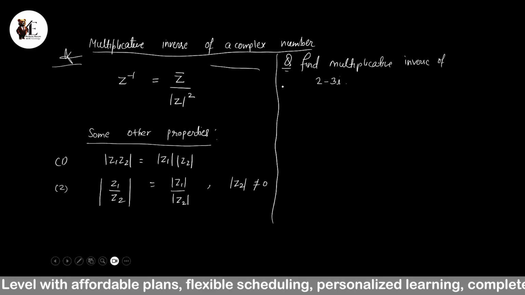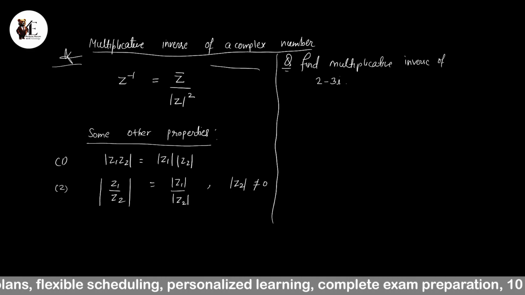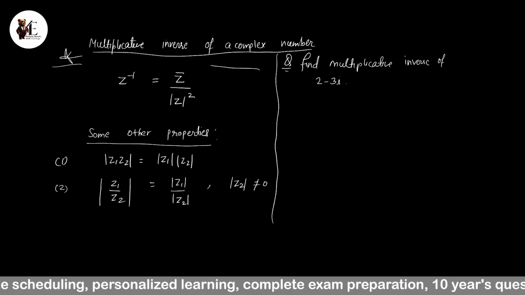So please try solving this one. You have to find the multiplicative inverse of 2 minus 3i.